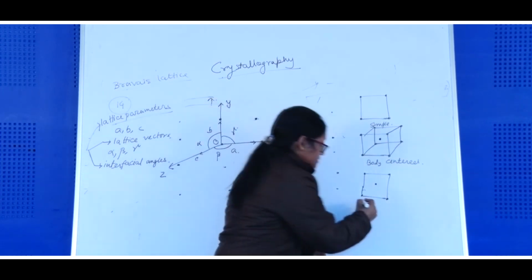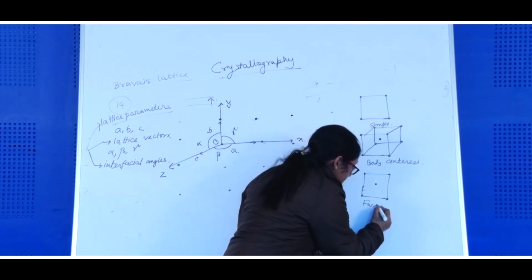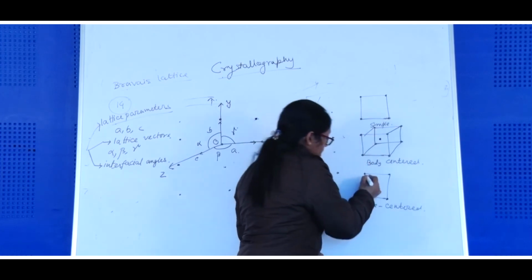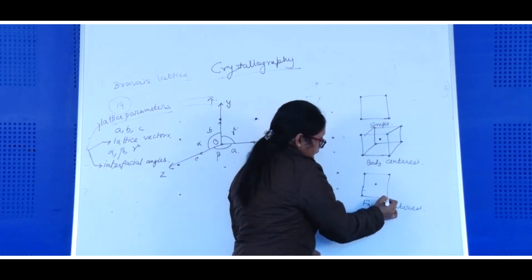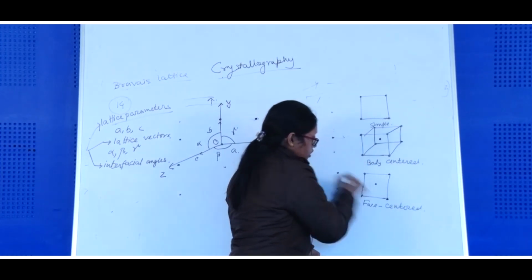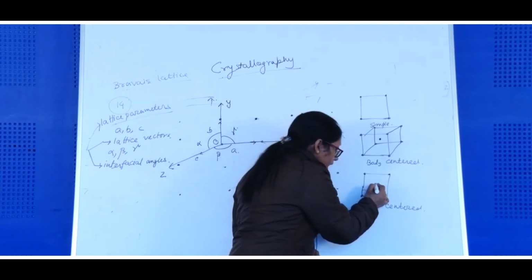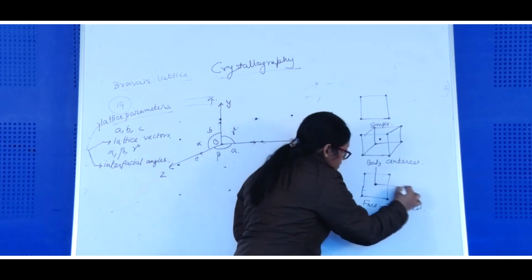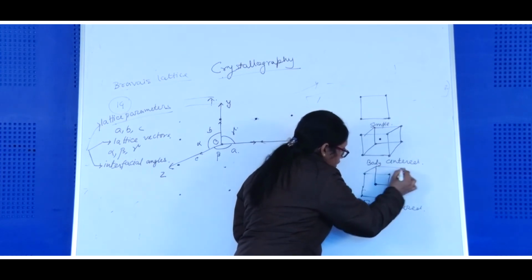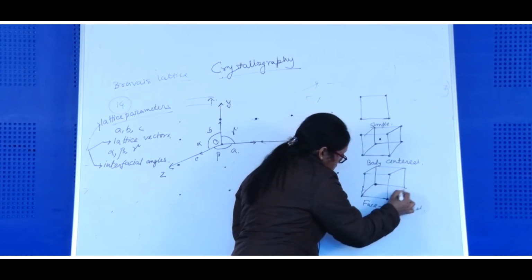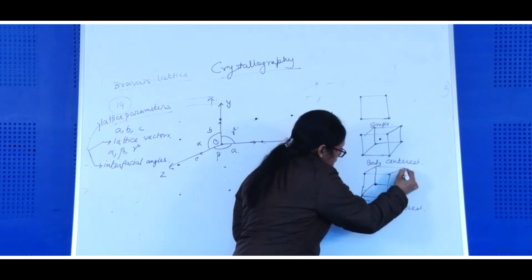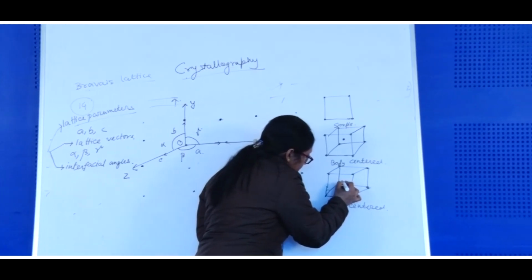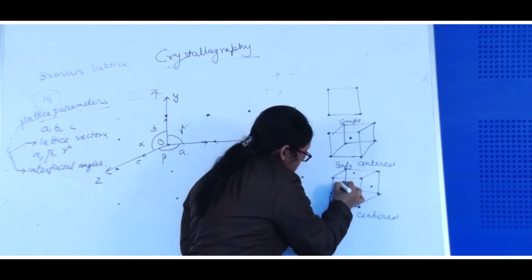Face centered. The name indicates that along with the atoms at the corners of the block, there will be one atom at the center of each face. So if I draw a cube, along with each corner, there will be one atom at each face.